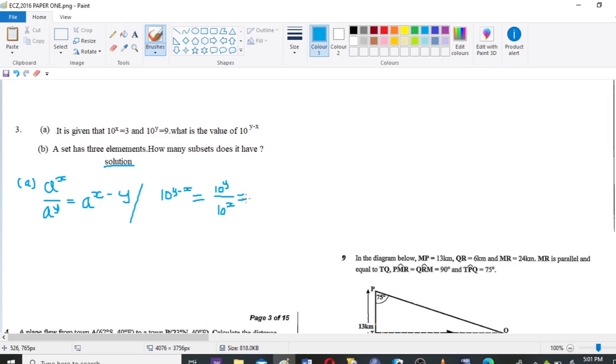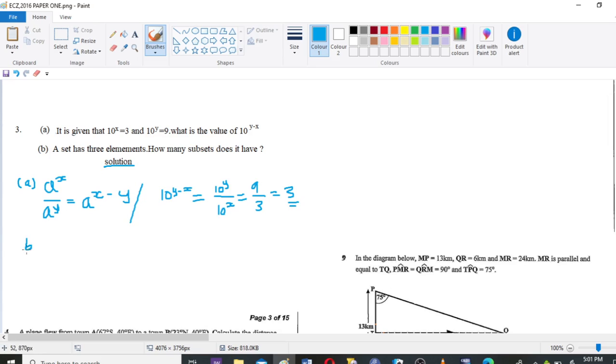We've been given what 10 raised to the power y is. This is 9 from the question, and 10 raised to the power x is nothing but 3. So dividing 3 into 9 will give us 3 again. So that's our solution for A.